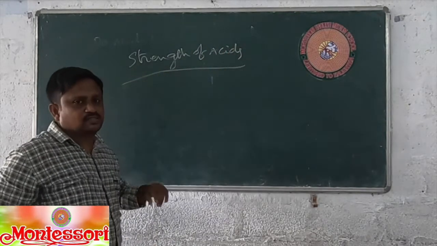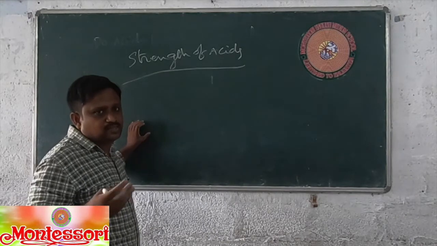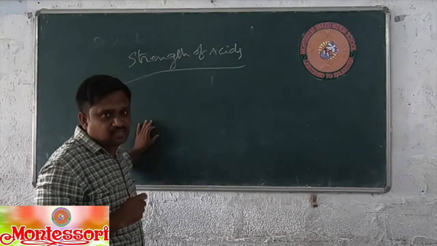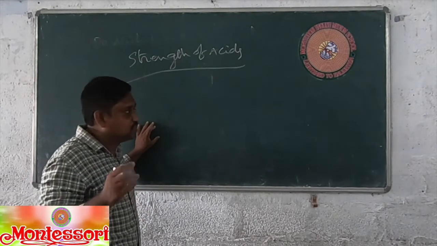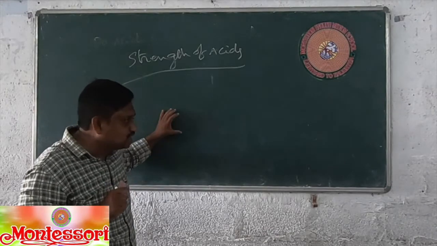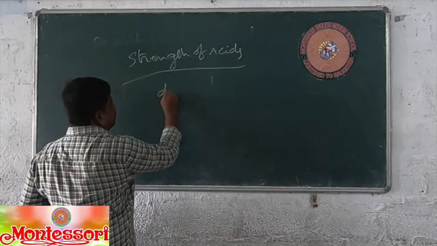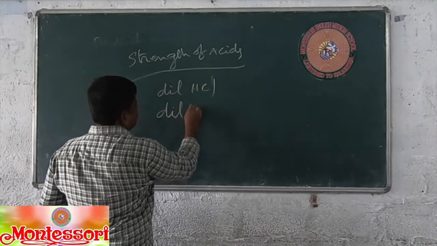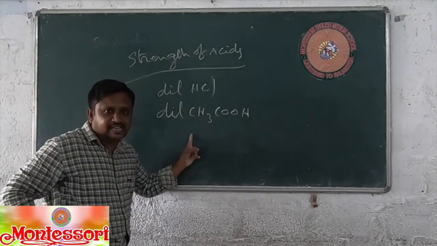Strength of acids. As we did in previous activities, we have done an activity that acid solutions conduct electricity. There you took different acids and saw that the bulb glows. Here also take the same activity. Take two acid solutions.